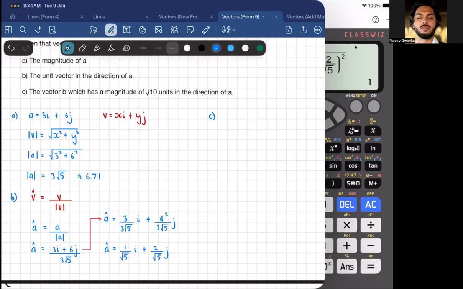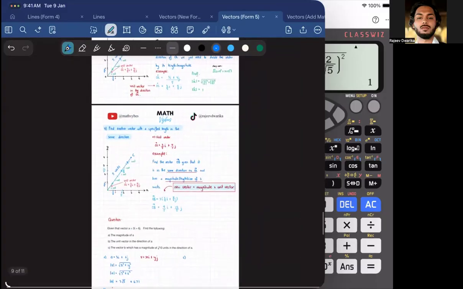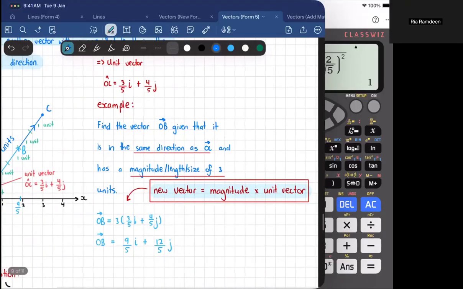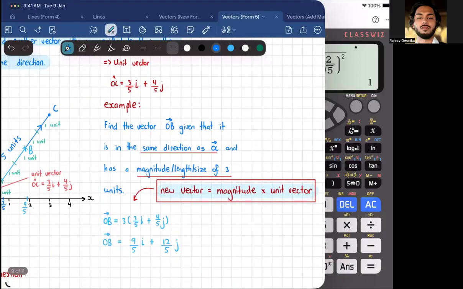Okay, nice. Let me do part C. It's the same thing as this. I promise you, it's the same thing. So Ria, in this question, they wanted us to find OB, and they said it was in the same direction as OC, and they specified the length. So the new vector would just be the new length by the unit vector.